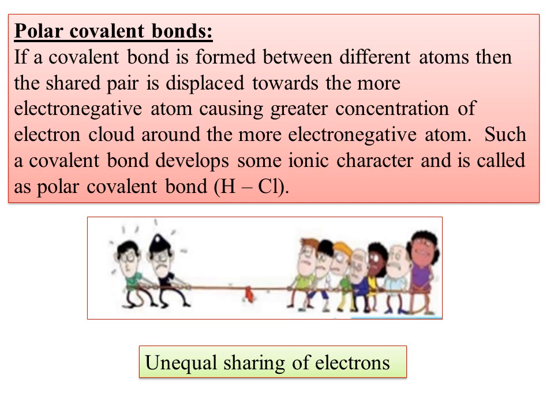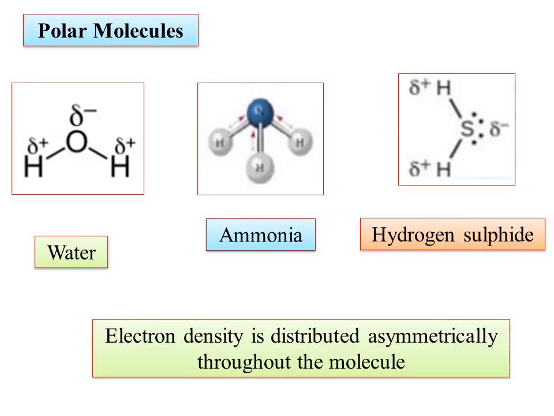Since chlorine is more electronegative and also has more electrons compared to hydrogen, fewer electrons will be on the H side and more electrons on the chlorine. Thereby, with this kind of pull and push, the electron density will be more towards the more electronegative atom. This leads to some sort of ionic character, and such bonds we call polar covalent bonds.